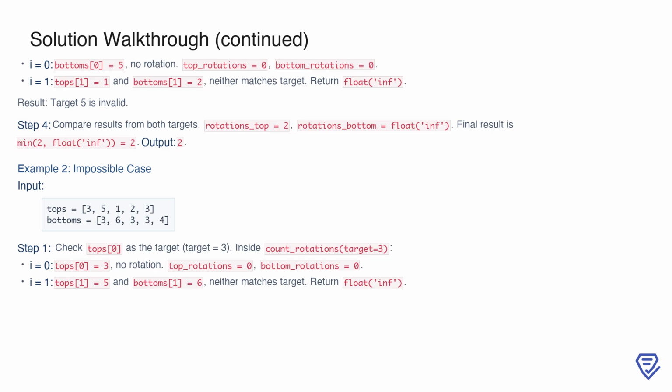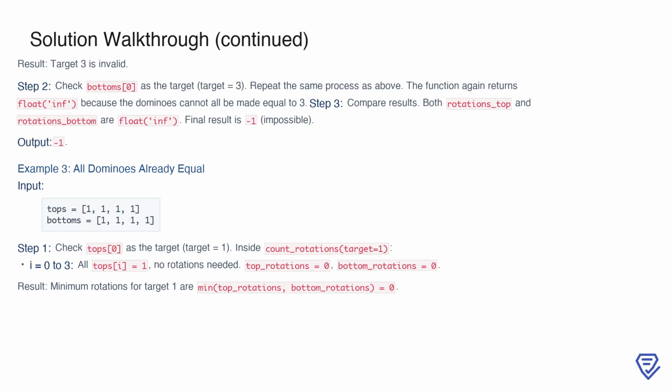Now, let's consider a second example where it's impossible to make all dominoes show the same number, regardless of rotations. The input arrays are tops equals 3, 5, 1, 2, 3, and bottoms equals 3, 6, 3, 3, 4. We first evaluate tops[0] as the target, which is 3.